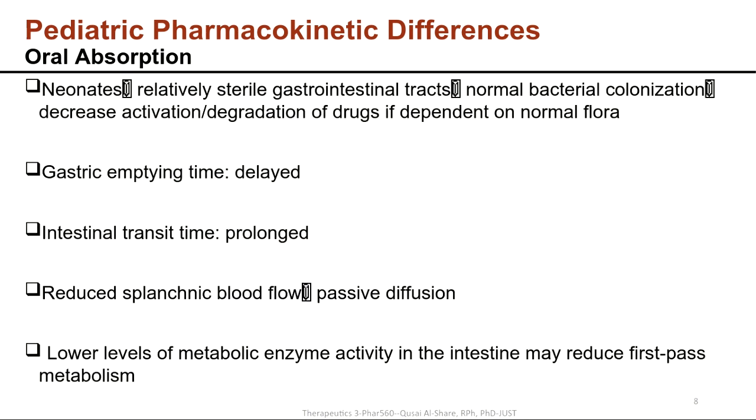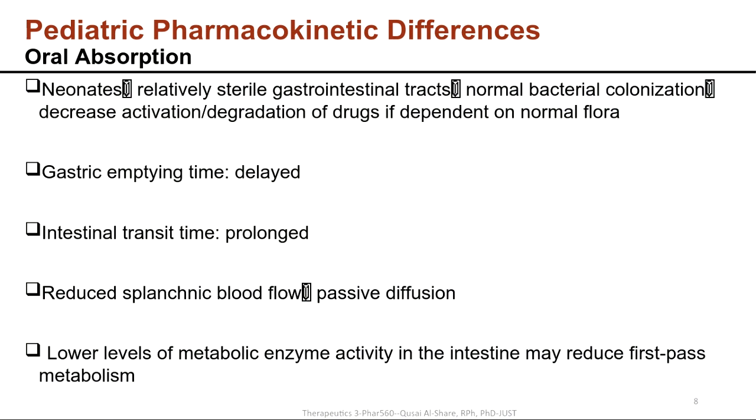So neonates are considered to have a relatively sterile gastrointestinal tract. Normally after that, or in adults or other age population groups, they have normal flora, normal bacterial colonization in the GI tract. Sometimes we rely on them for activation or degradation of certain drugs.